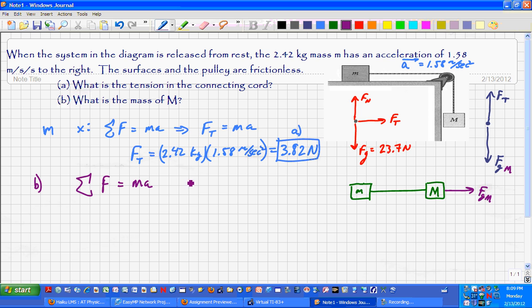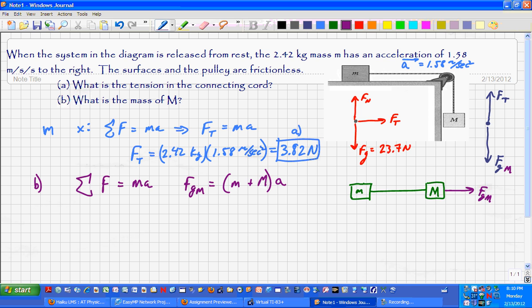So we've got F of G for the large mass, big M, is going to be equal to the mass of the system, which is little m plus big M, times the acceleration of the system.